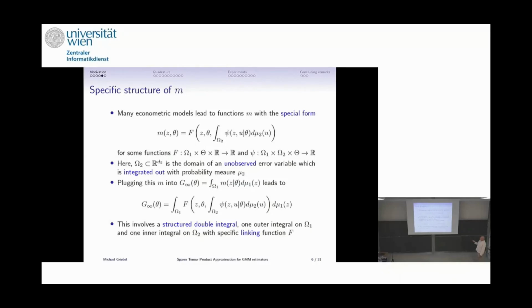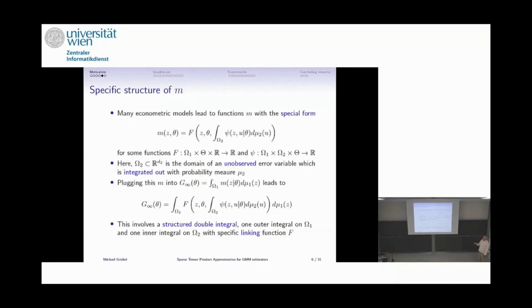With another distribution. Looks strange, but it comes from the fact that omega 2 is the domain of an unobserved error variable, okay? And this unobserved second variable is integrated out. We don't see that, it's like a hidden thing. And is taken into account by this integral.